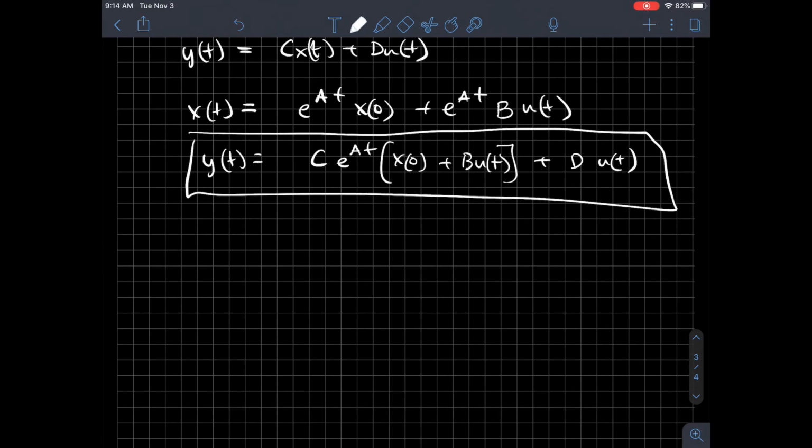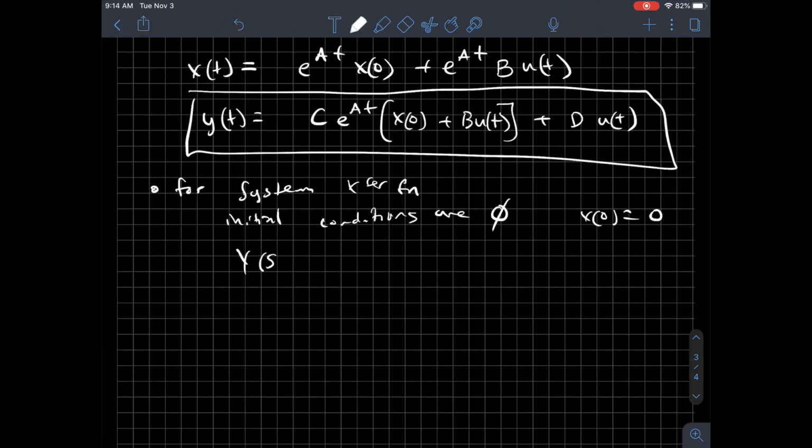For a system transfer function, which is what we typically use in control systems, at least for the purposes of general classical controls, there's a couple conditions. The first is that initial conditions are 0, which means that x of 0 is equal to 0.